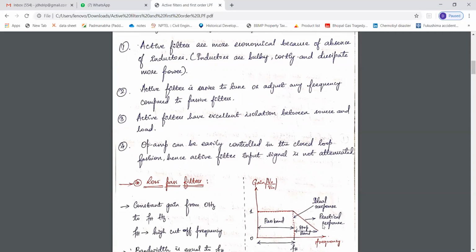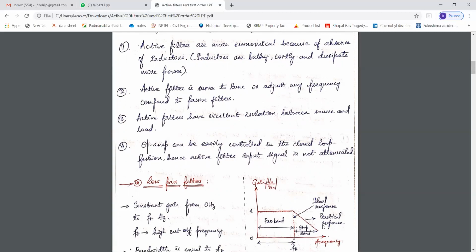One more disadvantage is that they are more costly when compared to resistors and capacitors. And one more advantage is that active filters are easier to tune or adjust to any frequency when compared with passive filters.